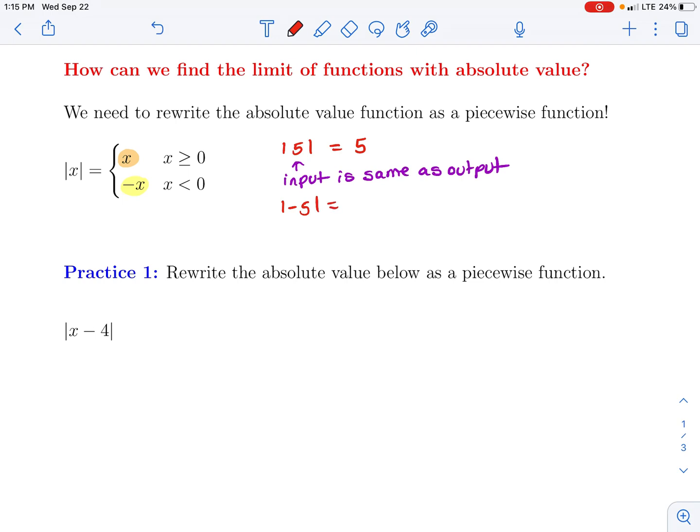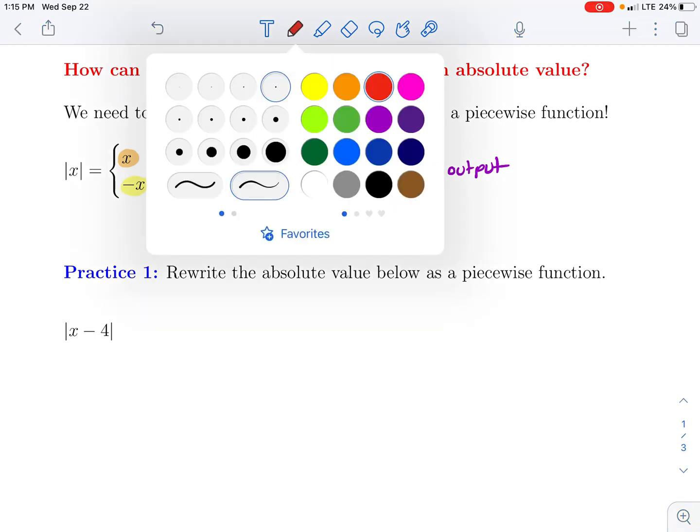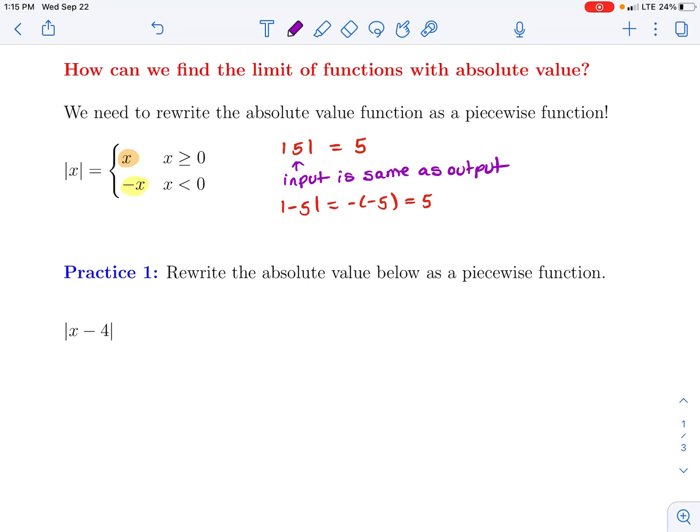But it's not negative 5, so it's negative of whatever my input is, which is 5. So it's negative times my input. So here, I'm just going to show you, it ends up being negative times input value. Okay, and so that's basically how those pieces are coming about. That's what's happening there to describe how they wrote it as a piecewise function.